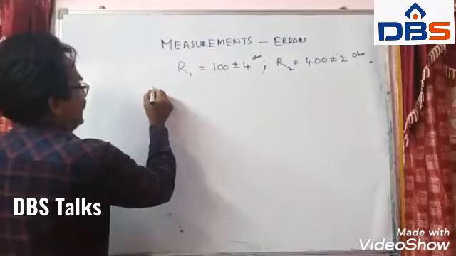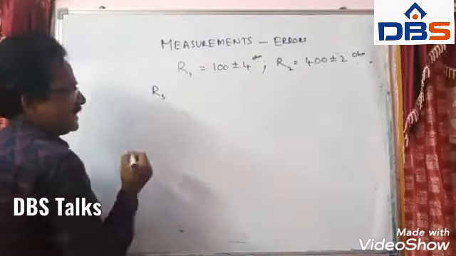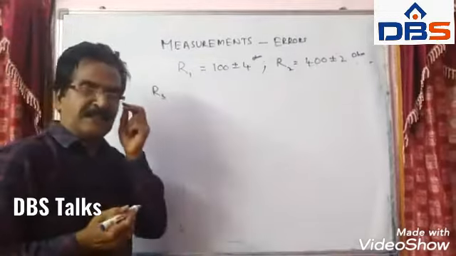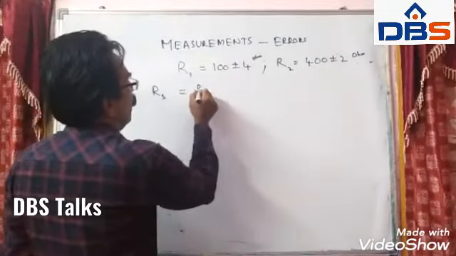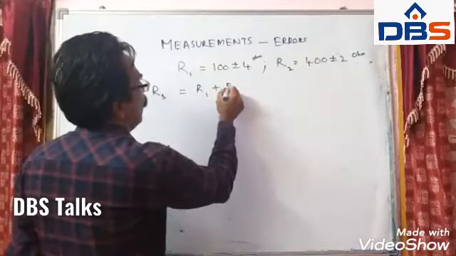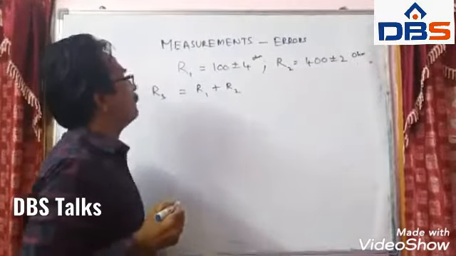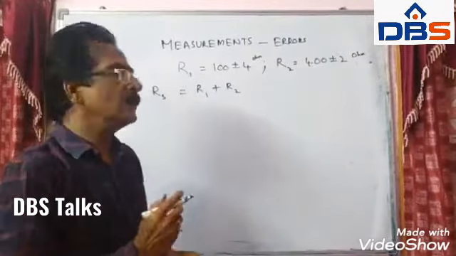So let us say RS, the effective resistance when connected in series, is equal to R1 plus R2.